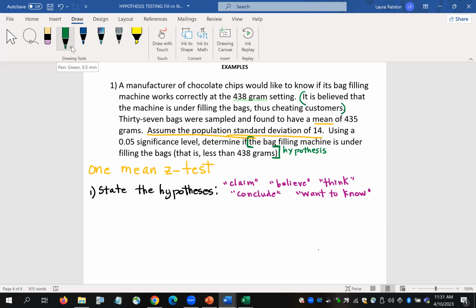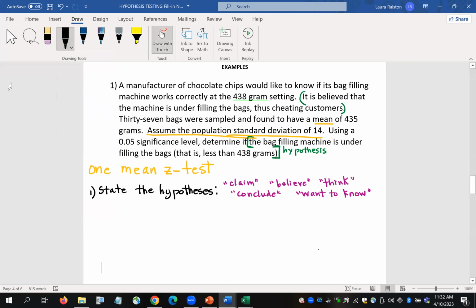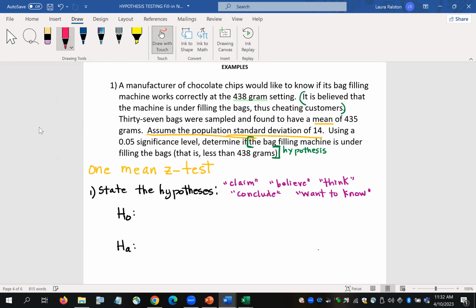We've identified it, but then I've got to decide, is that statement going to be the null or the alternative? It's going to depend upon the words. It says we want to know if the machine is underfilling the bags, and they define underfilling as putting less than 438 grams.